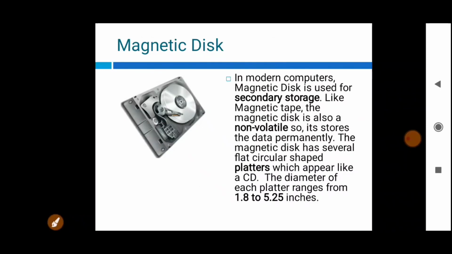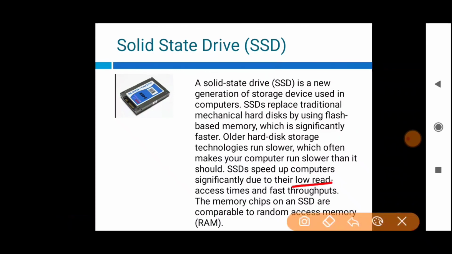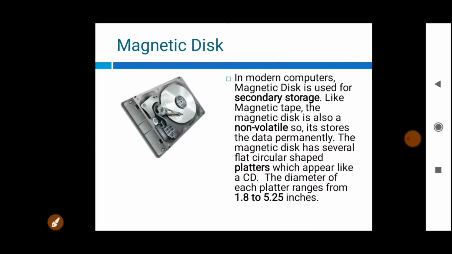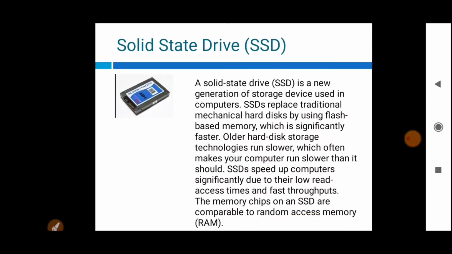SSDs speed up the computer significantly due to their low read access times and fast throughputs, which means that the access time to read the data from these SSDs is very low as compared to the magnetic disk, because there is a read-write head which will take some time to position itself over the required platter, while in this you just have small chips inside, so that doesn't take much time and the access time becomes lesser, and it will process your output also faster.